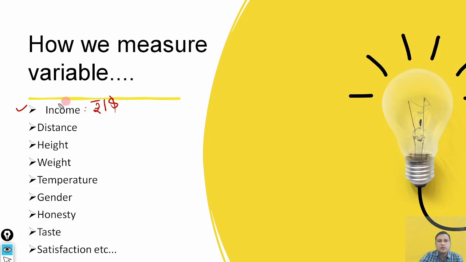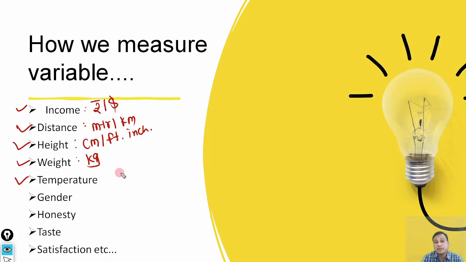If I ask for a distance, say the distance of the office from my home, then we measure the distance in meters or in kilometers, correct? How do we measure height? We measure height in centimeters or in feet and inches, correct? How do we measure weight? We measure weight in kg, correct? How do we measure body temperature? In Celsius, or we measure temperature in Fahrenheit also.